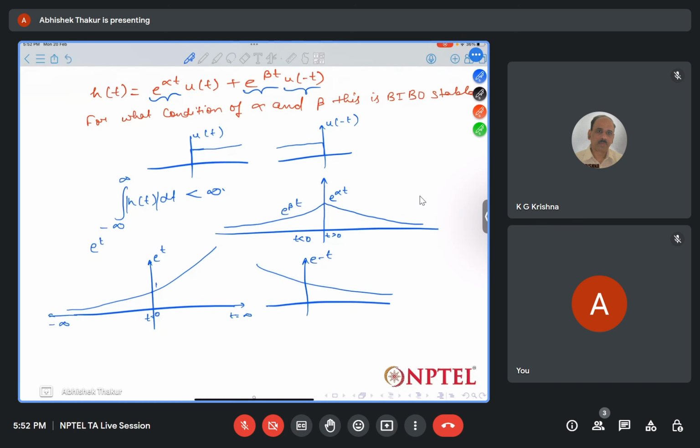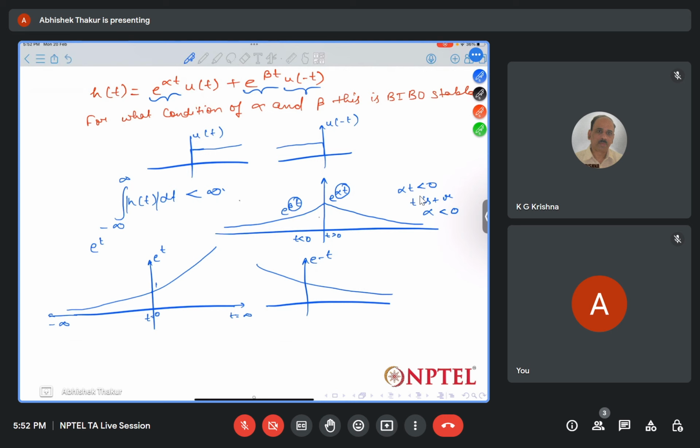So this means alpha t should be less than 0, and t is positive, so alpha should be negative. And now beta t should also be negative.